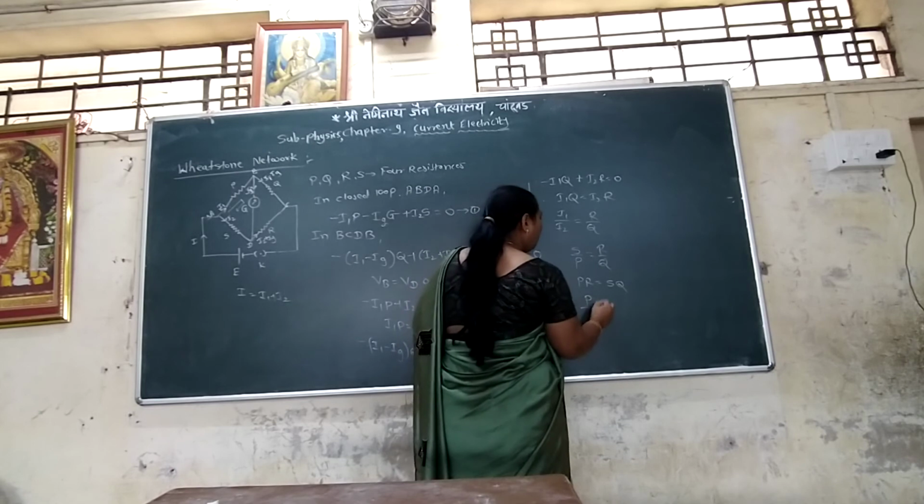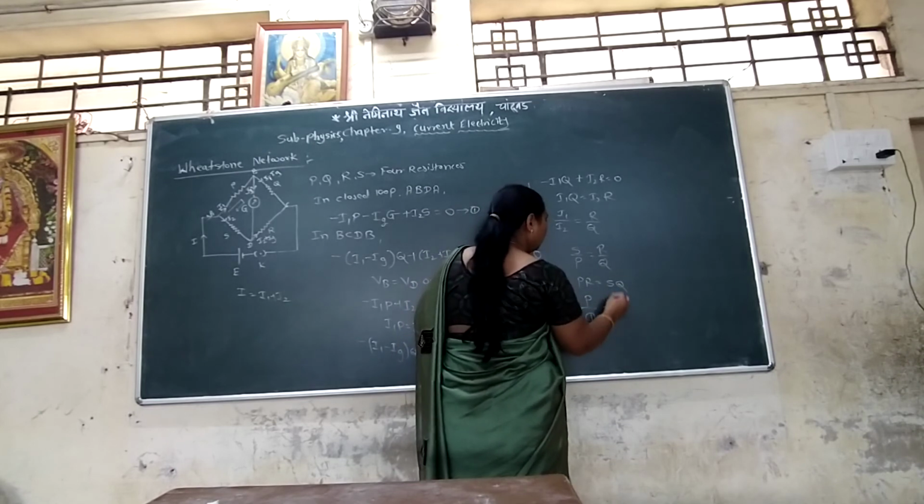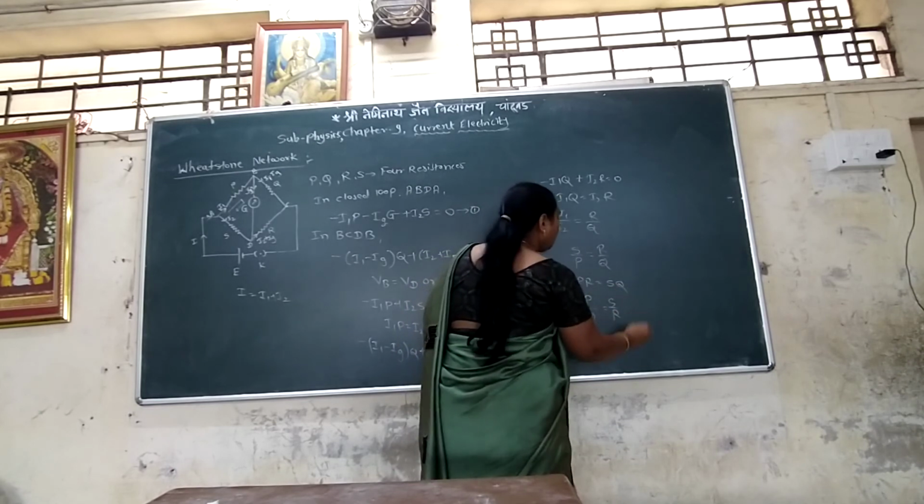Therefore, P upon Q is equal to S upon R.